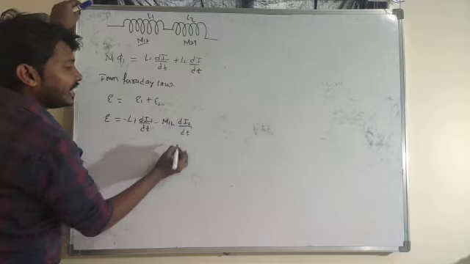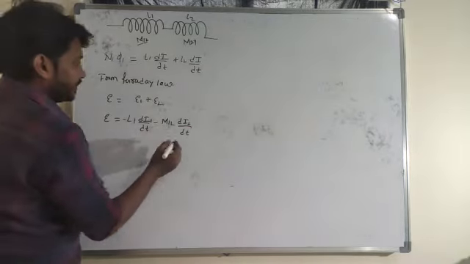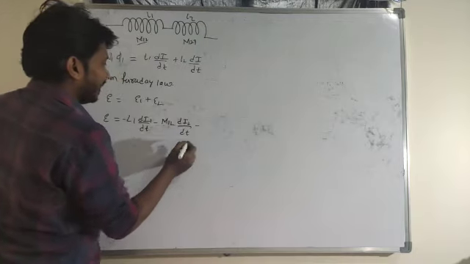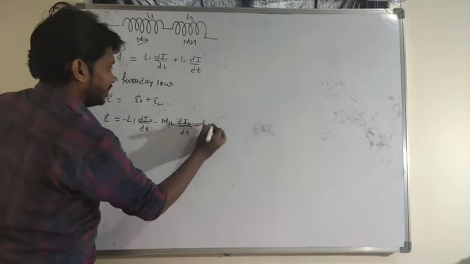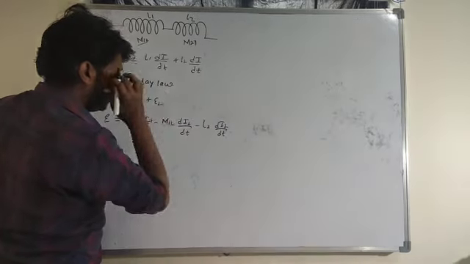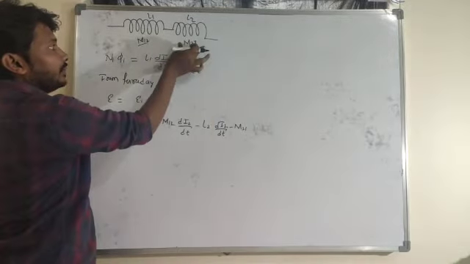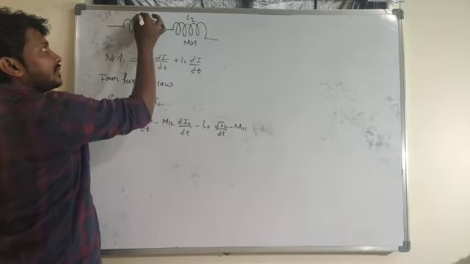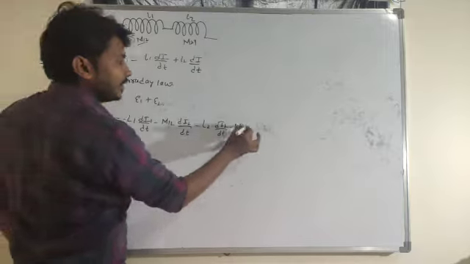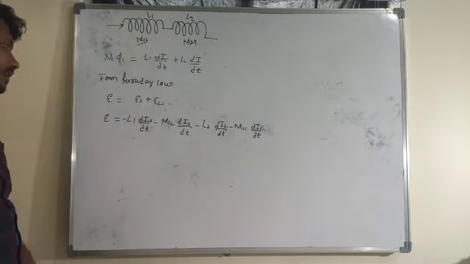The second current, d of I2 divided by dt. Similarly, minus L2 into d of I2 divided by dt, minus M of 2 to 1. In that, the mutual inductance of the second coil is responsible for the current in the first coil, d of I1 divided by dt here.